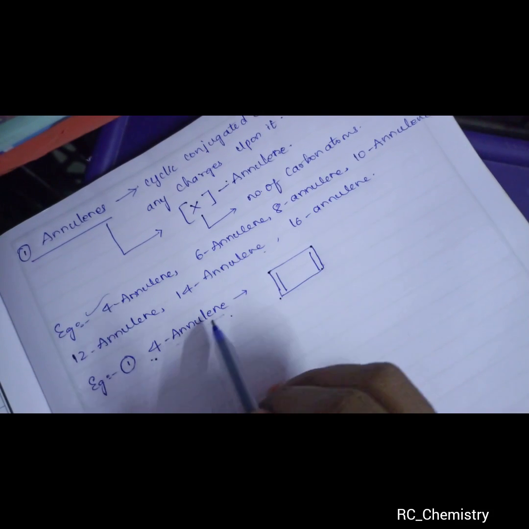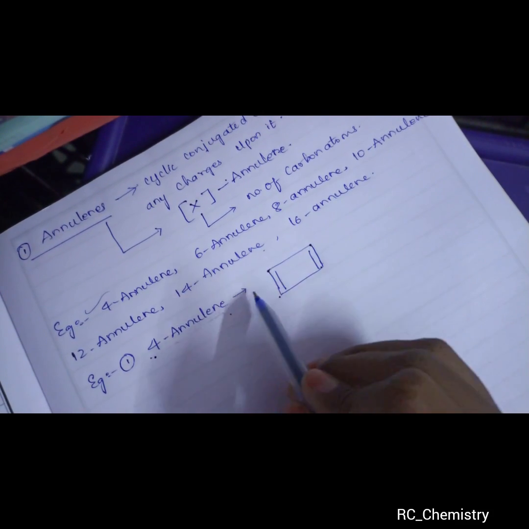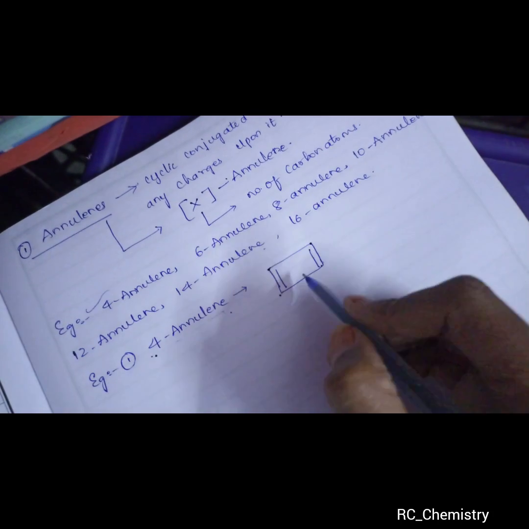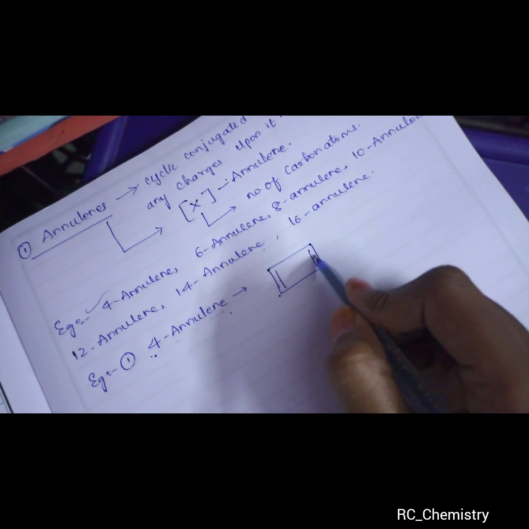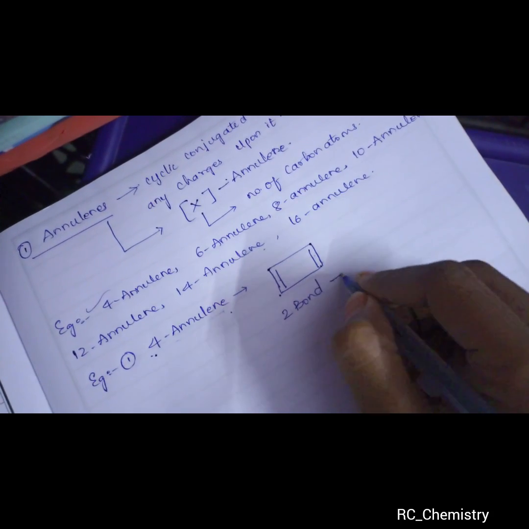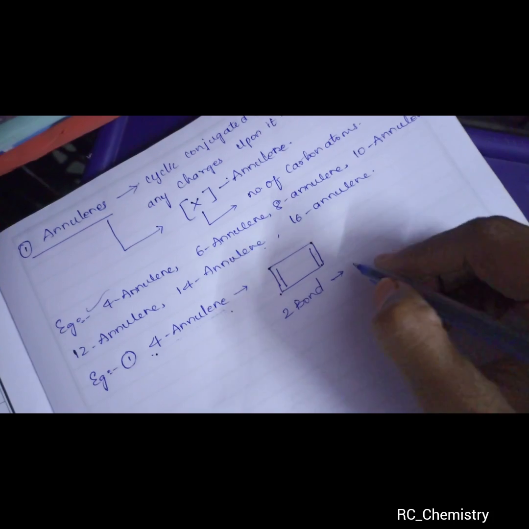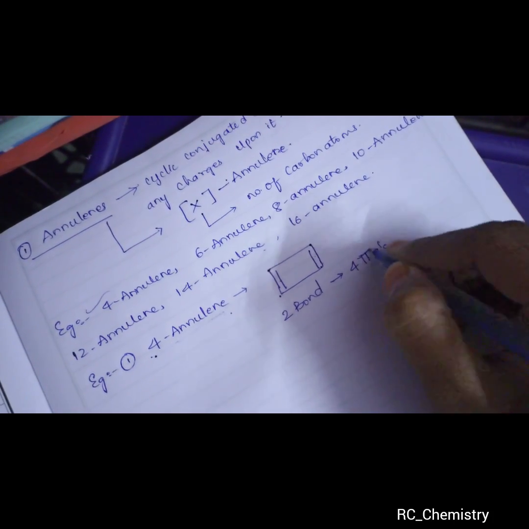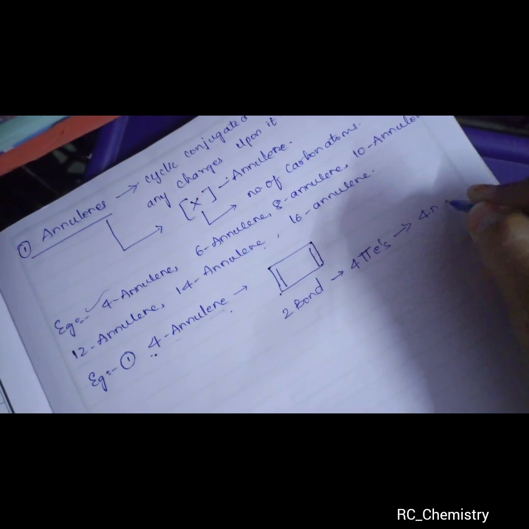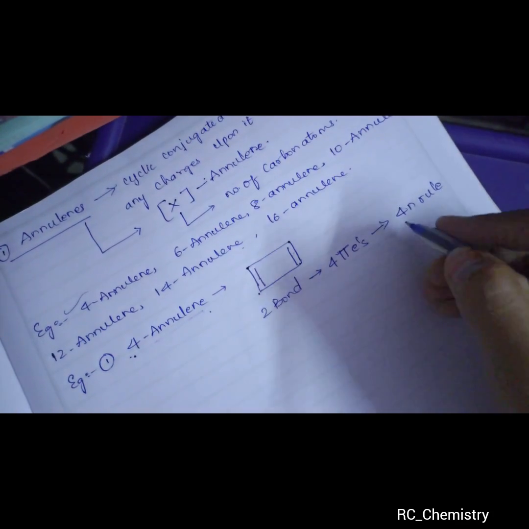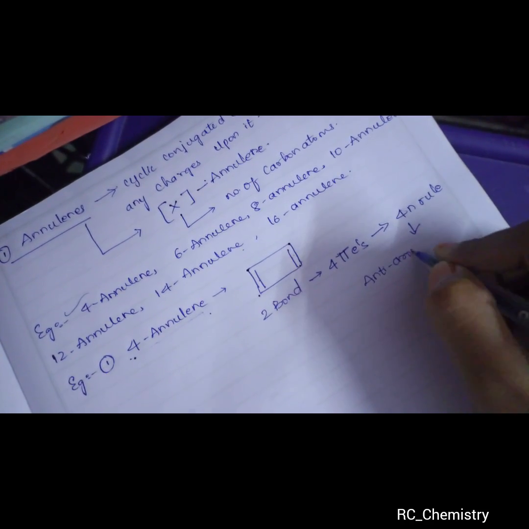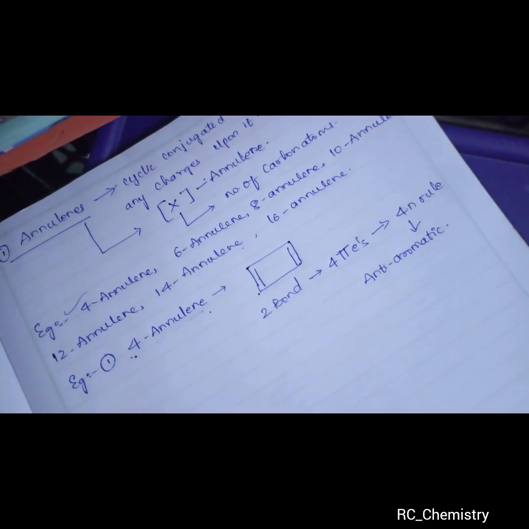We have to check the aromatic character in this 4 annulene. So now count the total number of double bonds. Here the total number of double bonds is 2, which means it consists of 4 pi electrons. It means it is following the 4n rule.